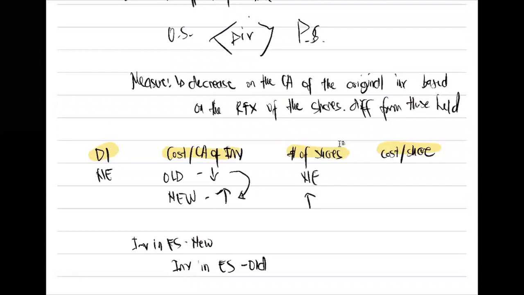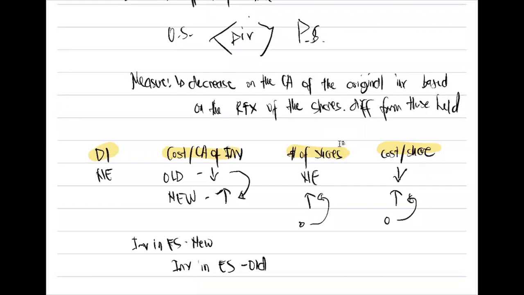For the new, of course, it will increase. For the cost per share, the old will decrease, but the new will increase. Why is there an increase? Because you go from zero shares to the new shares.